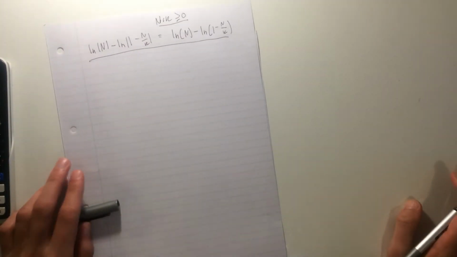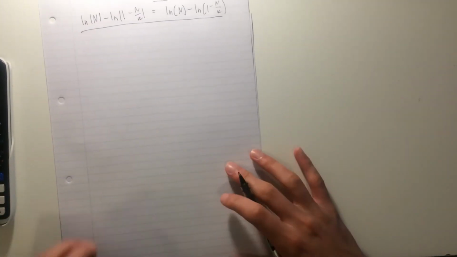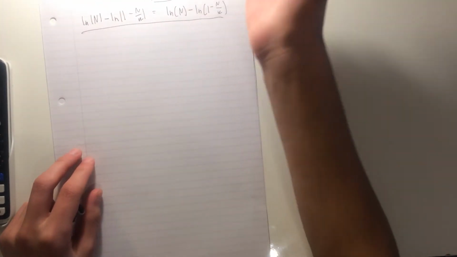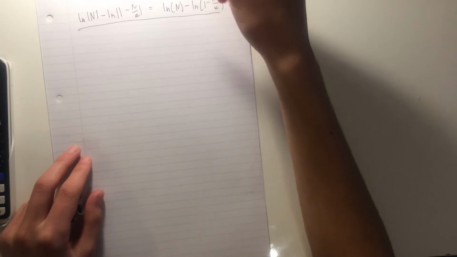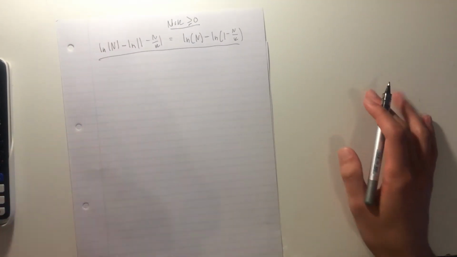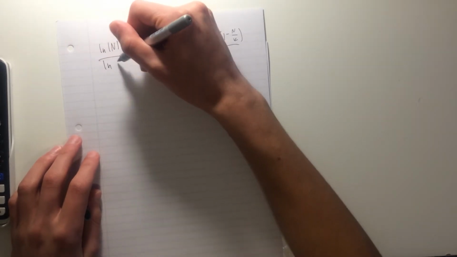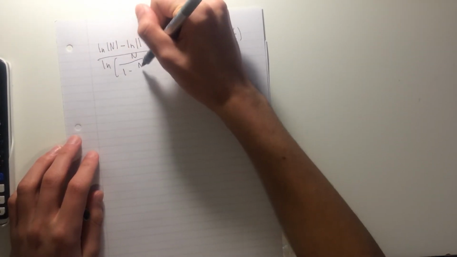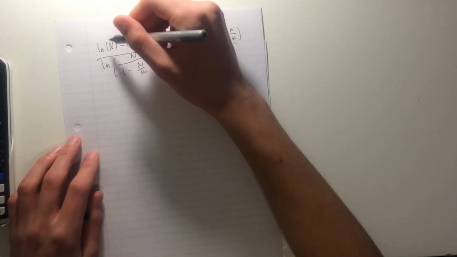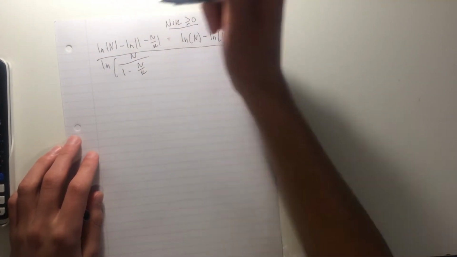But now we have to press on. Using logarithm rules, this expression is the same as ln of n divided by 1 minus n over k, because we have a first logarithm and a second logarithm.